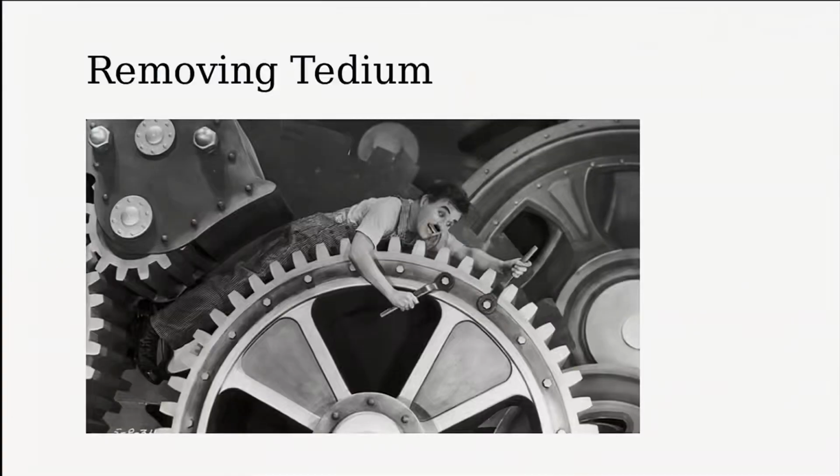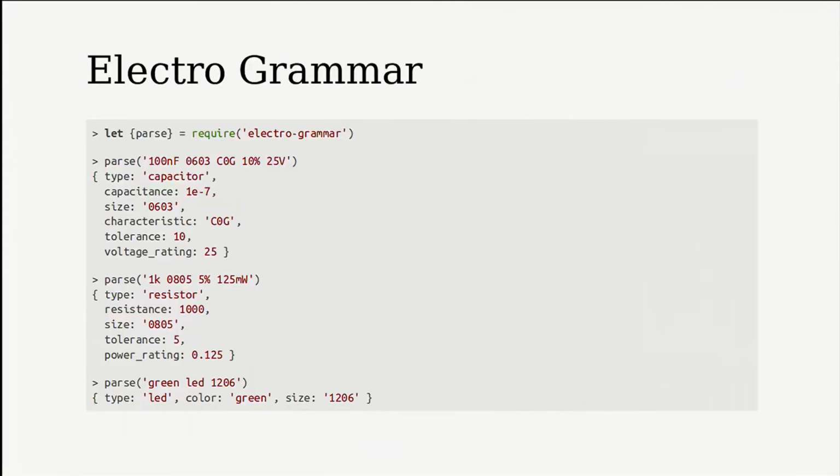So on the second point, that it's still quite tedious to actually define your circuits even in code, I created something called electrogrammer, which is currently a JavaScript module to parse electronic component descriptions.